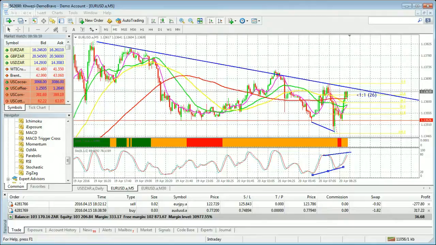Okay, anyway, could be getting a stochastic setup happening now. We'll just check. Market's still kind of unsure as to what it wants to do. So remember, all we're going to do is wait for the market to show us which direction it's going to go. It's no use trying to anticipate and act on it before it's happened.